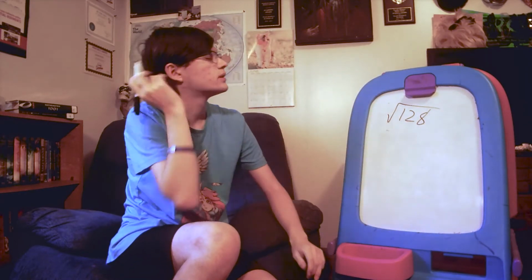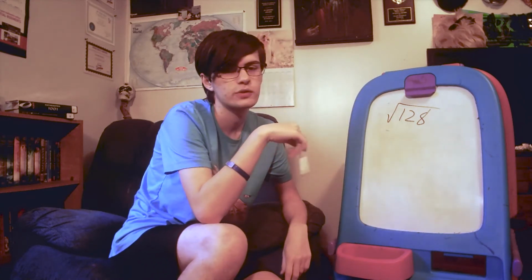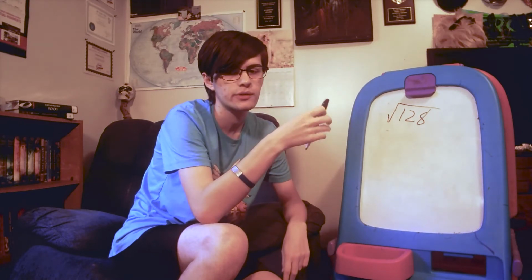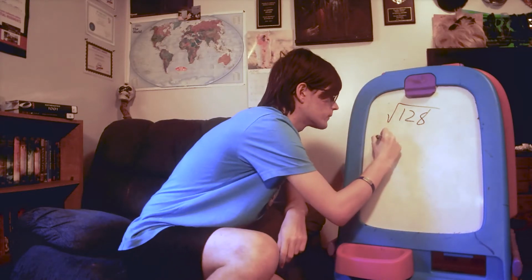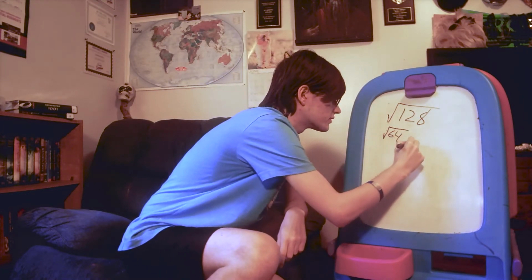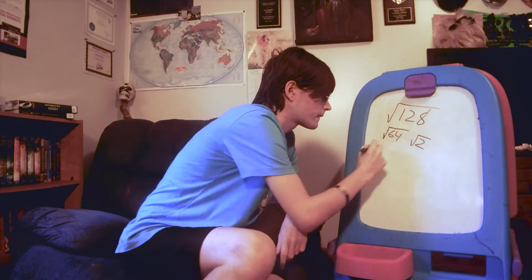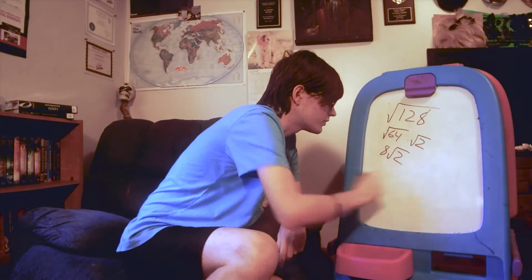It might take a little bit of thinking, but you'll find that the biggest perfect square factor of 128 is going to be 64, because 128 is 64 times 2. So we can separate that out into the square root of 64 times the square root of 2, and the square root of 64 is 8, so it's 8 square root of 2.